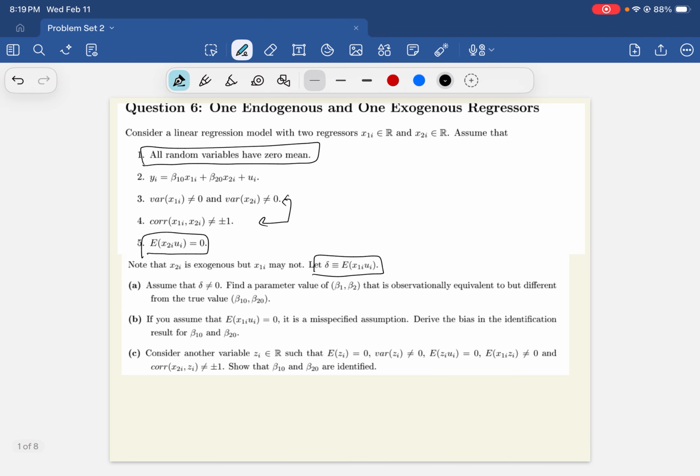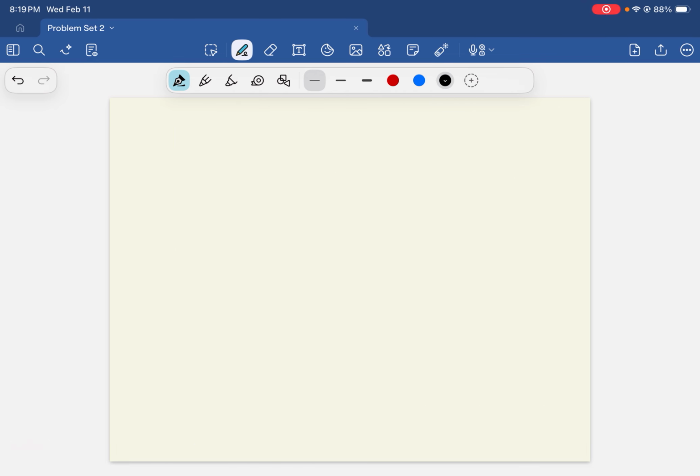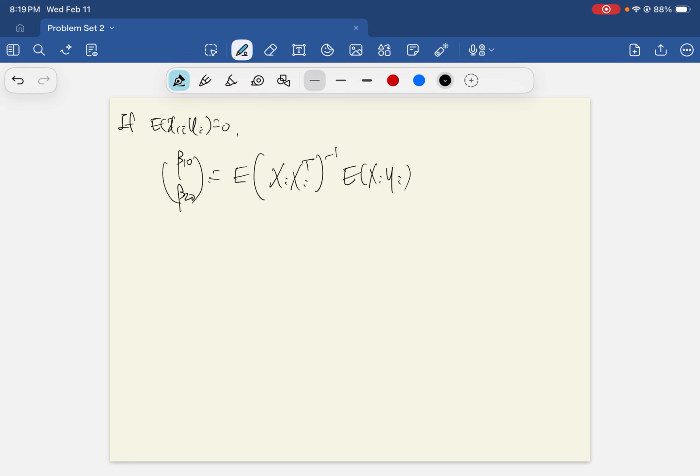Okay, the next part. If you assume the endogenous variable was actually exogenous, it's a misspecification; derive the bias. So if you assume this, then you are going to get beta 1 0, beta 2 0 as the expectation of x_i x_i transpose, inverse, times the expectation of x_i y_i.